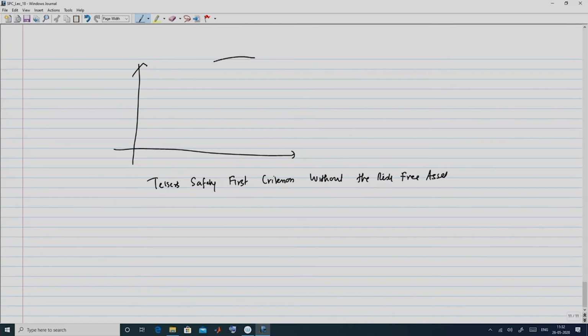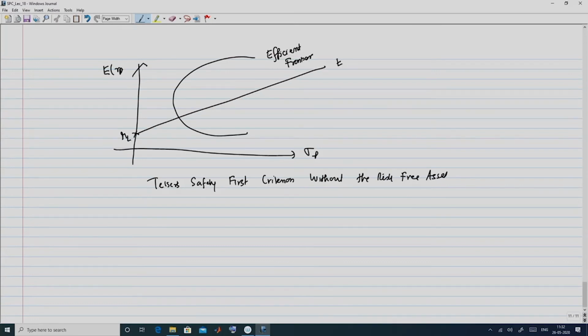So, that means since there is no risk free asset, the efficient frontier would look like this in the sigma p, ERP plane, and then we have this RL, and so basically the line that ERP is equal to RL plus 1.645 sigma p.